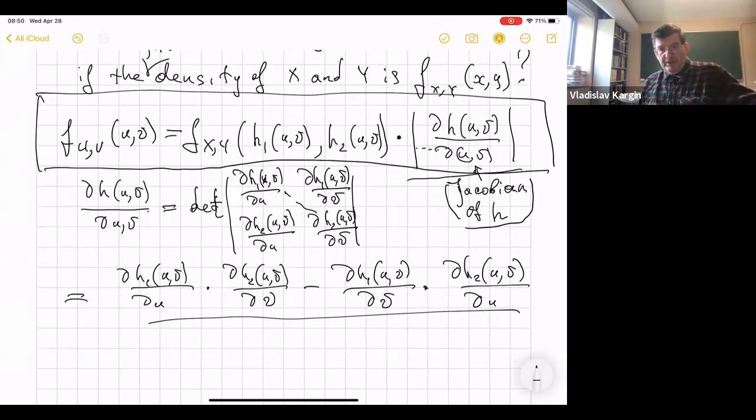If you have a one-to-one transformation from x and y to u and v, here's how you can calculate the density of u, v if you know the density of x and y. All right, maybe a small break here, and after that we'll continue with the example we had before and figure out how to do it using this formula.